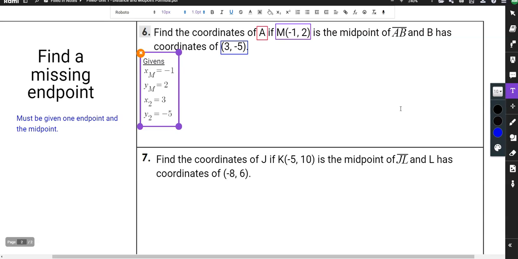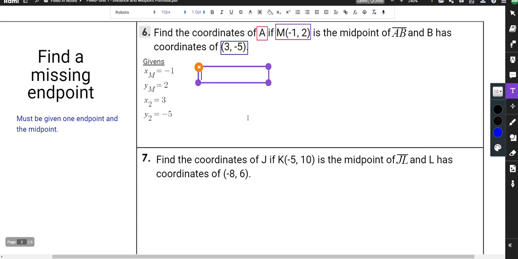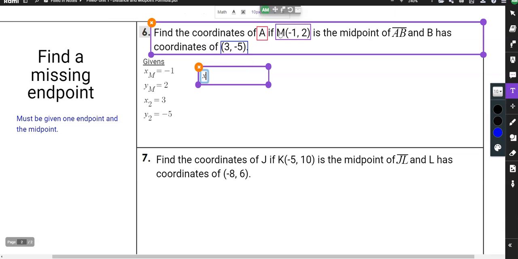Now we're going to use our formula. Again, we're going to do it split apart because it's easier this way. So the x of the midpoint is going to be equal to, it's actually the average of the 2 points. So we have unknown x sub 1 added to our x sub 2, which in this instance we do know.